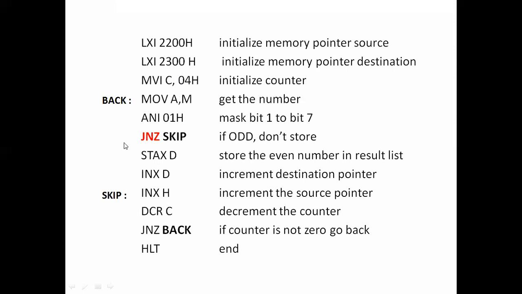This process will go on until all the numbers are tested. Whenever we find an even number, we store it. But if it is an odd number, we do not store it; we skip these two steps and move on.